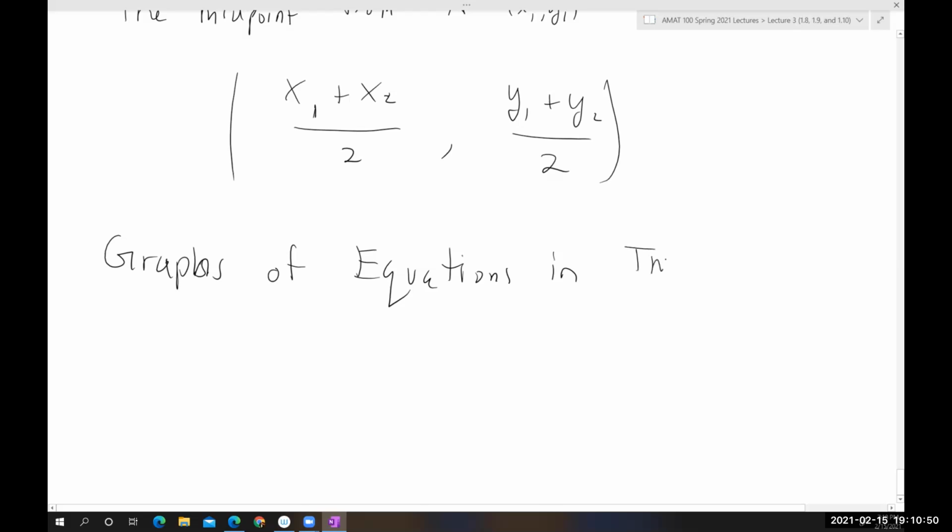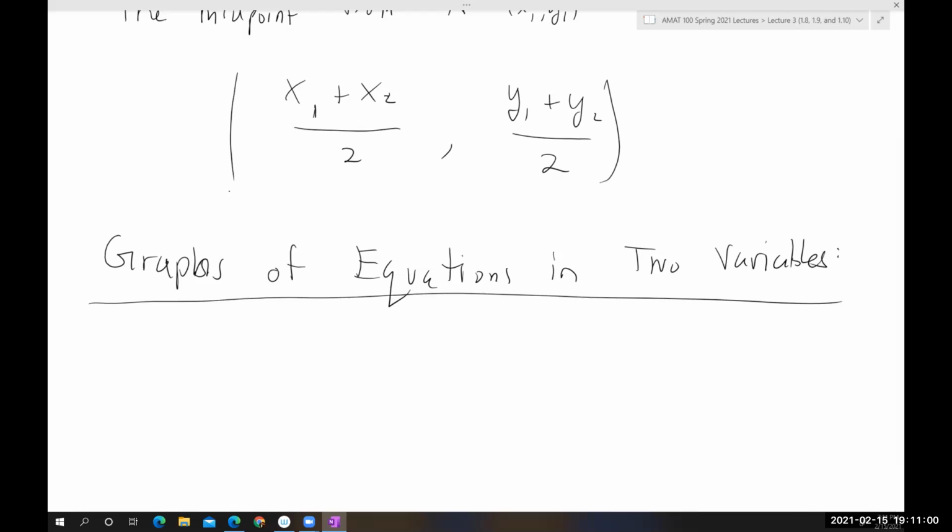So we want to look at graphs of equations in 2 variables. Equations are things like, in 2 variables, something like y minus x squared is equal to 1.